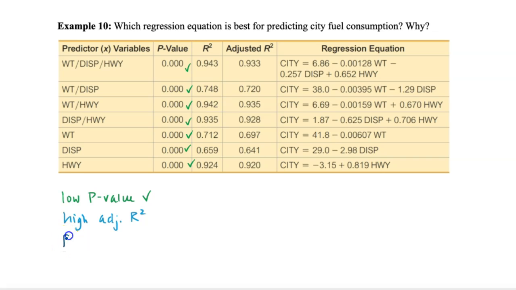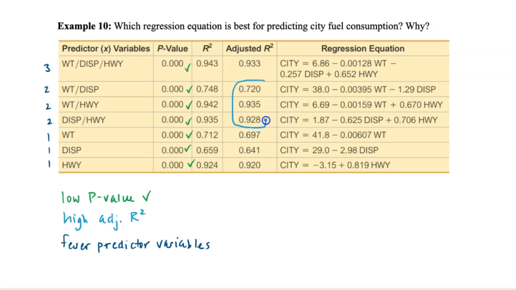And so we have fewer predictor variables. And so I've got 3 predictor variables here, 2, 2, 2, 1, 1, 1. And so now what I'm going to do is I'm going to compare the adjusted R squareds for each number of predictor variables.